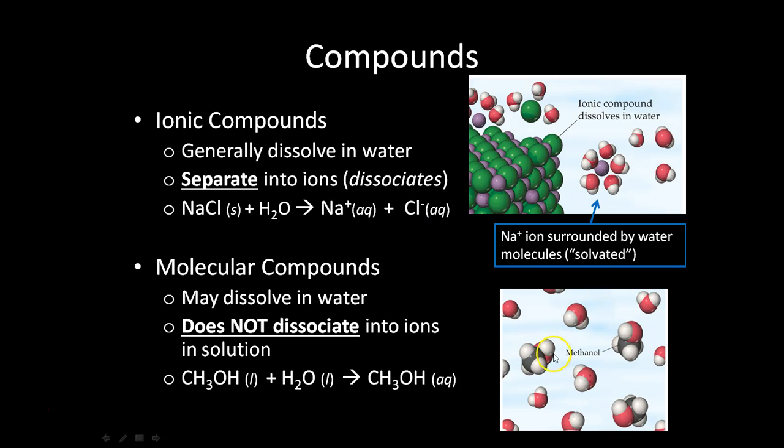Say we throw some methanol into an aqueous solution. These are not ionic. They aren't ions. The particular atoms in there are covalently bonded. And so methanol does not dissociate into ions when put into solution.